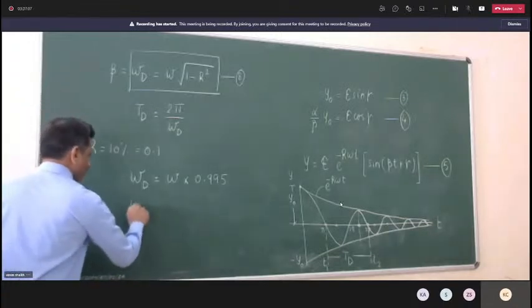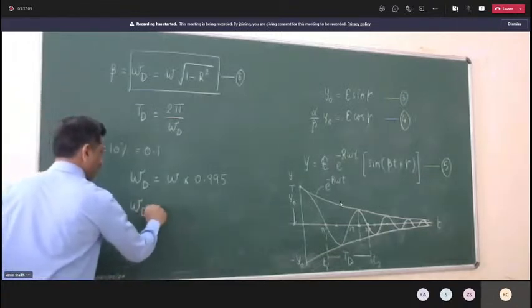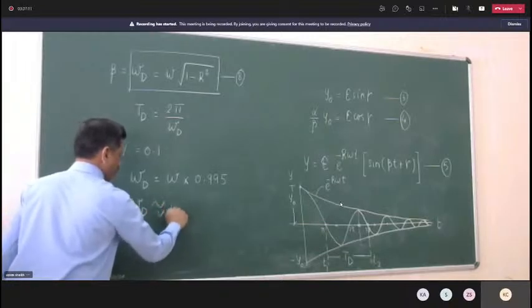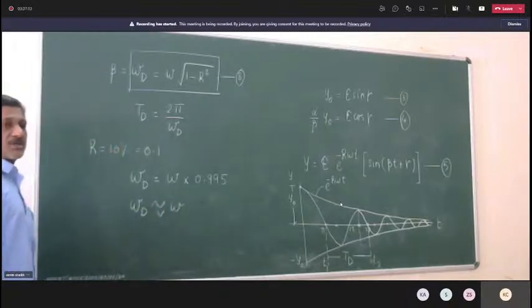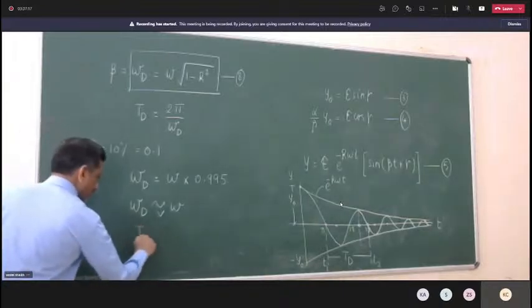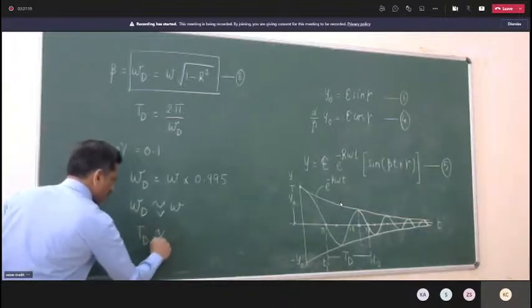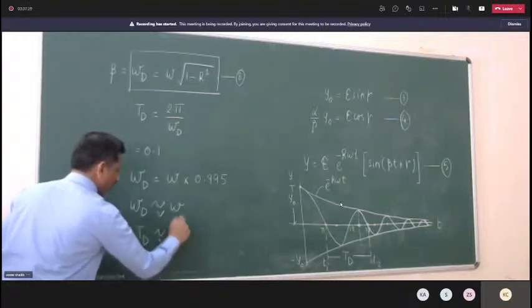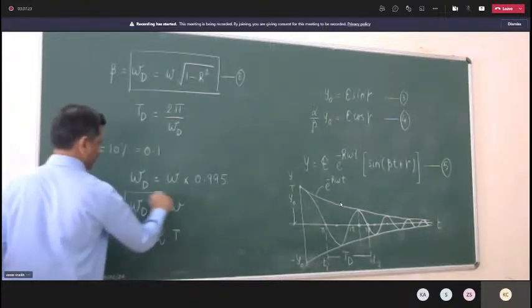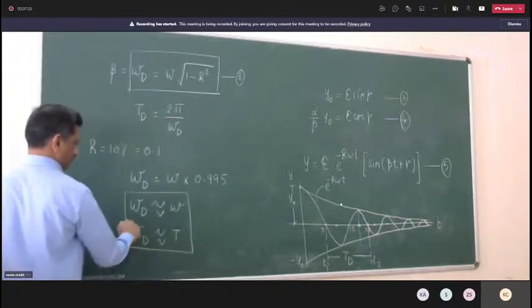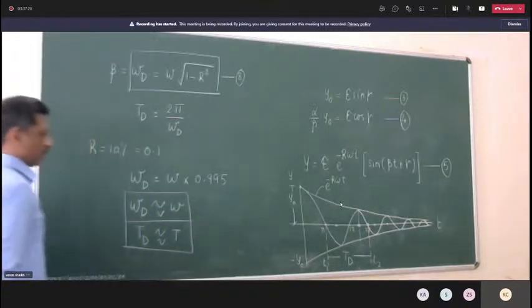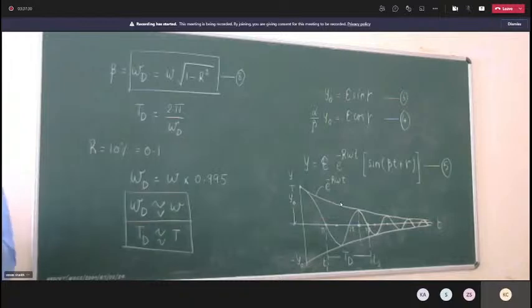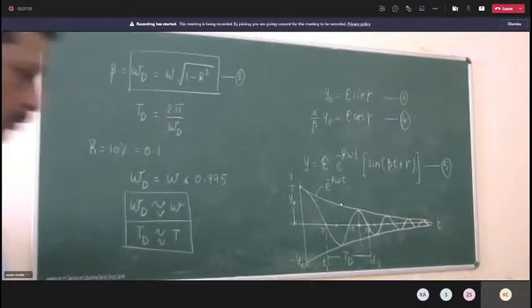So I can say omega damped is approximately equal to omega for all structures, and T damped is approximately equal to T for all structures. Very, very important conclusion.